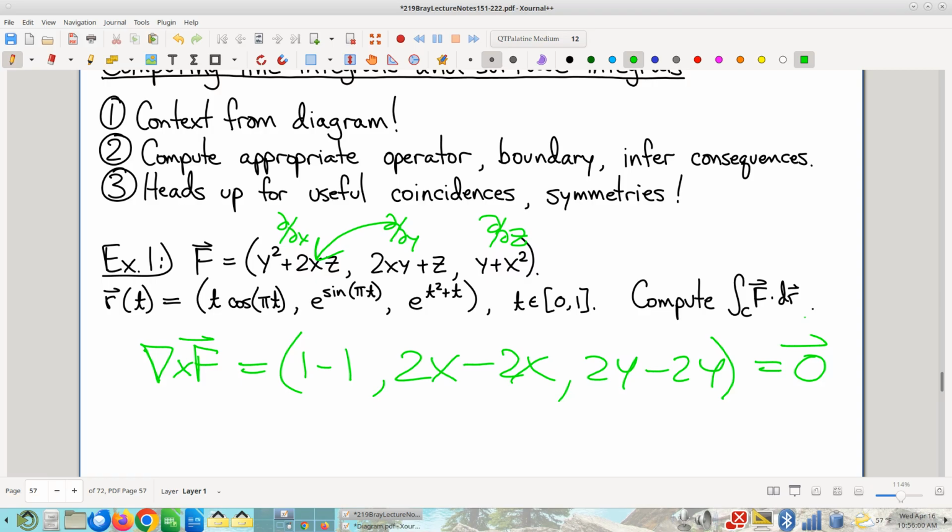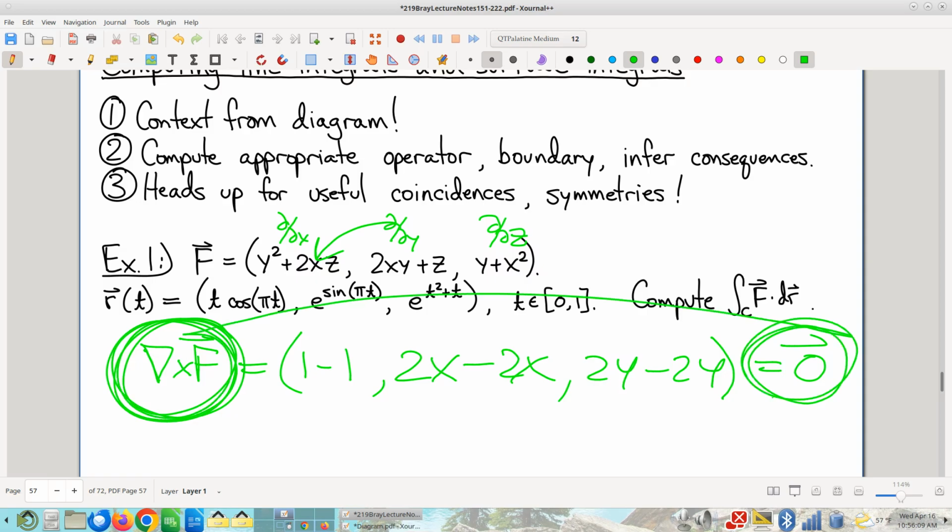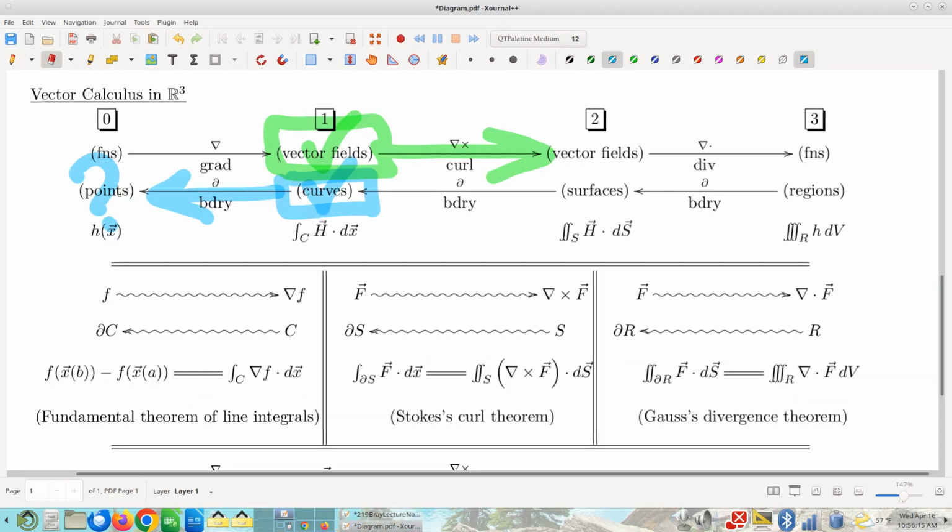But again, we followed the instructions, we computed the curl because the diagram told us to, and now we get to decide, hey, what does it do for me? What do I get out of observing that the curl is 0? And back to the diagram, what it tells me, because the curl is 0, that tells me that there is an anti-gradient.